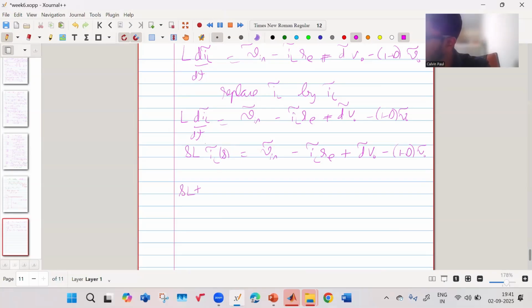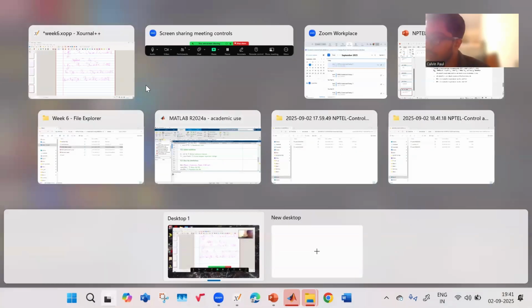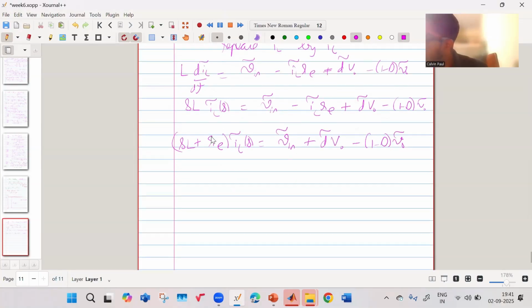So we get SL plus RE into IC perturb of S equals VN perturb plus D perturb V output minus 1 minus D into V output perturb. Now, you might have come across this question also. You have to get D perturb of S. So D perturb of S will be equal to SL plus RE into IC perturb of S by V output.